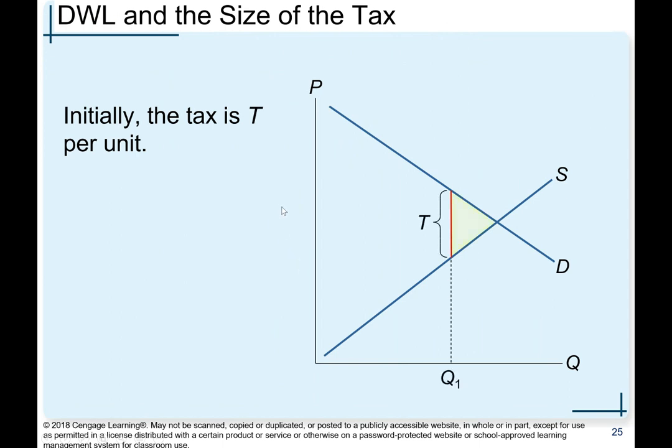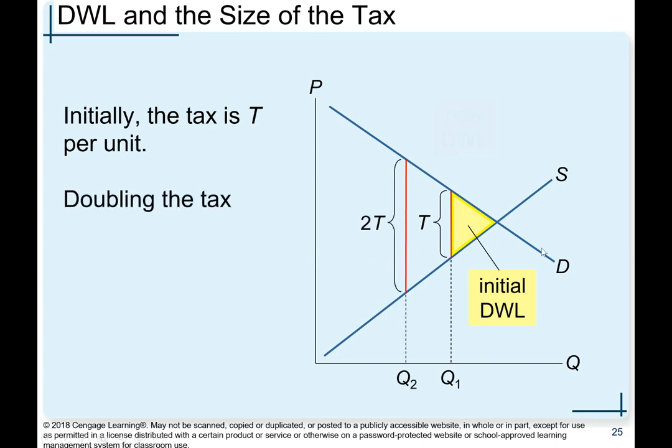So this is an example of the effect of tax. Initially, the tax is T. T, that red line, is the tax. That corresponds to the deadweight loss, the area of that smaller triangle.